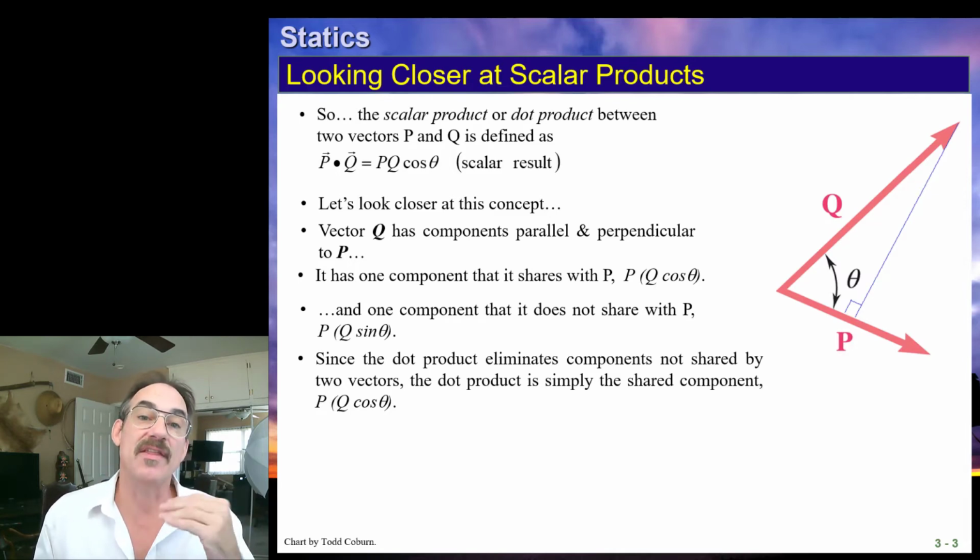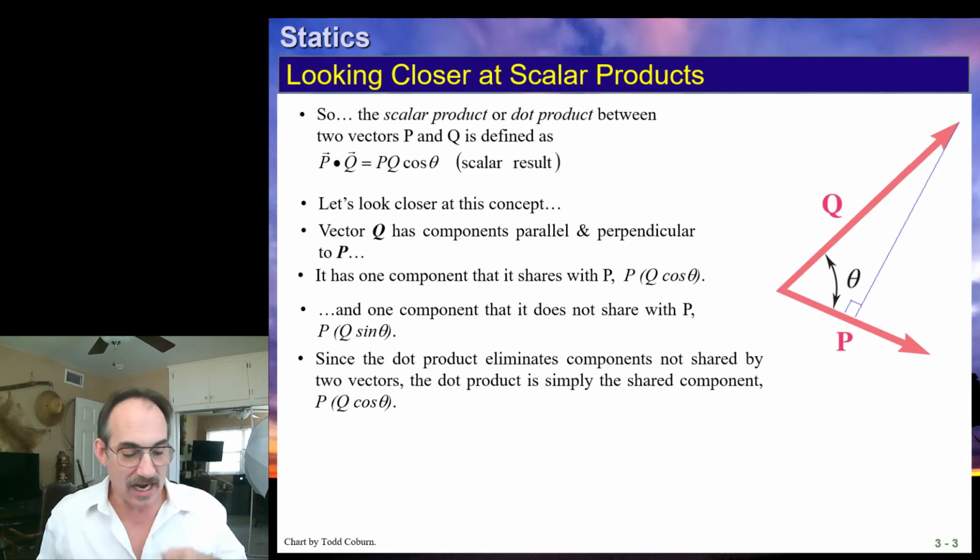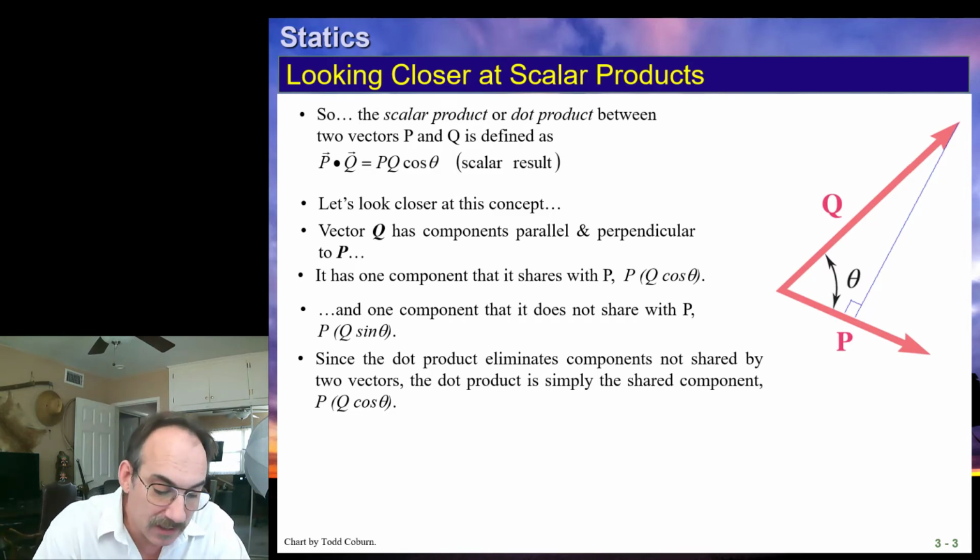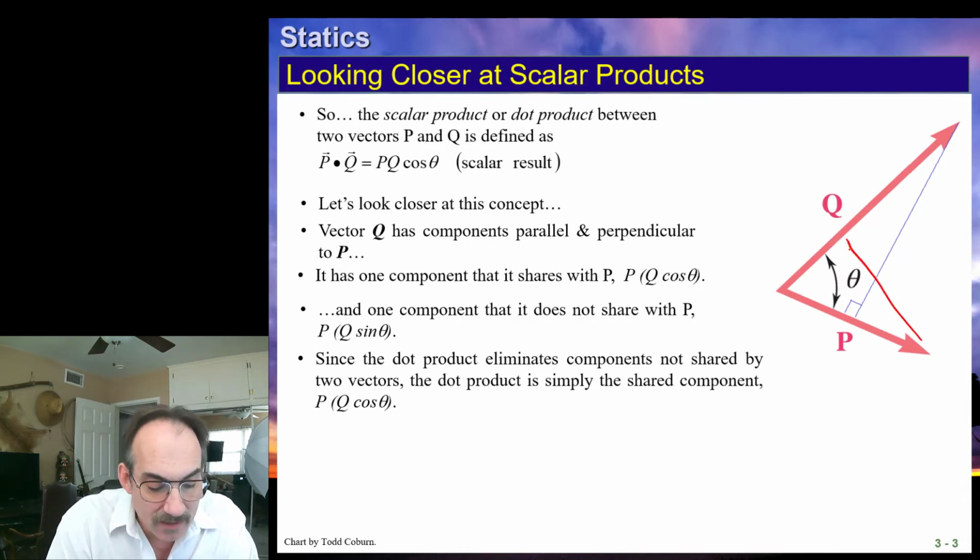Now, if we had gone the other way, if we look at the projection of P onto Q, if we take a perpendicular to Q, and this is now 90 degrees, we see this projection of P onto Q, that's P cosine theta.